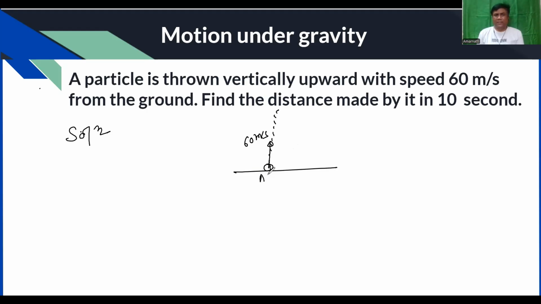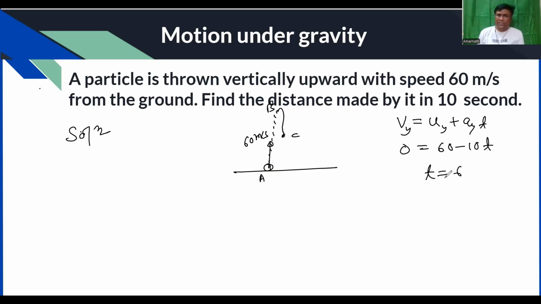Can you say that this is A point, this is B point, and it is coming down, say up to C point. So at the highest point, velocity will be 0 only. Vy equal to Uy plus Ayt. I am just checking on nothing else. So Vy will be 0. Uy is 60. It is 10 always, the downward direction I have already taken. So it is 6.